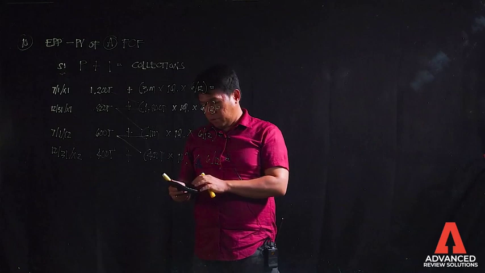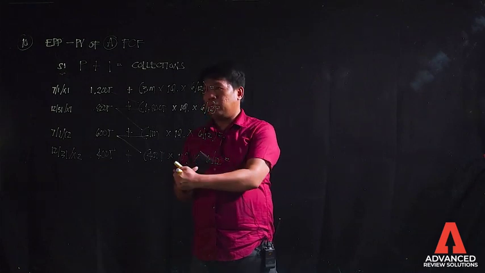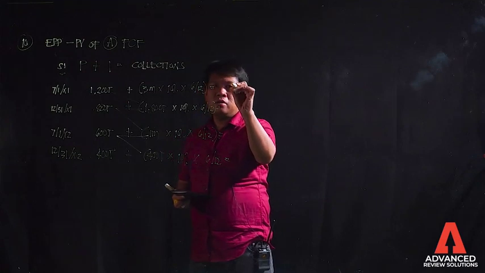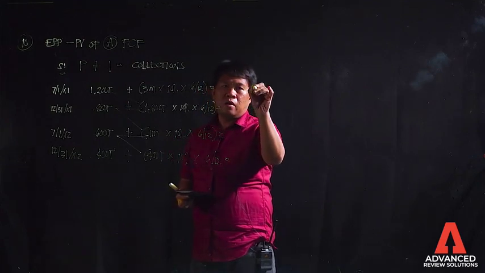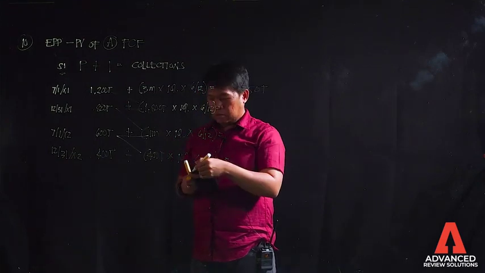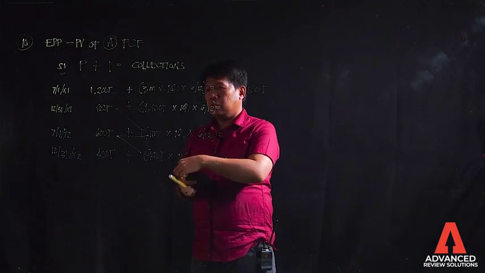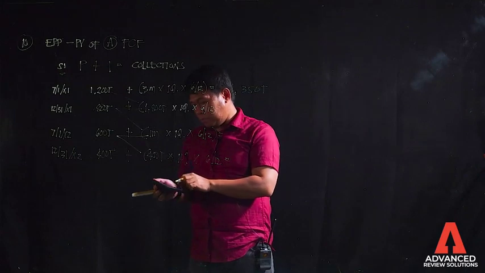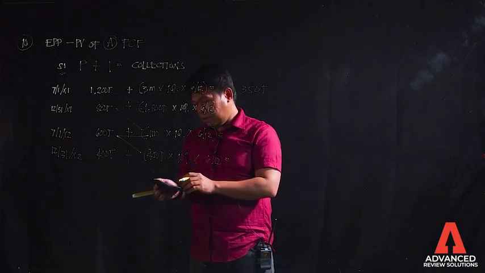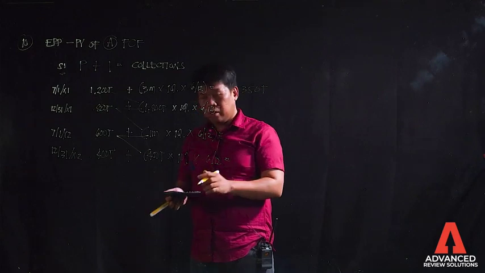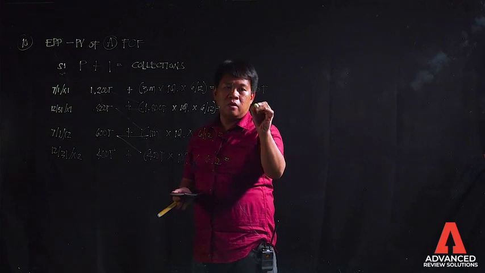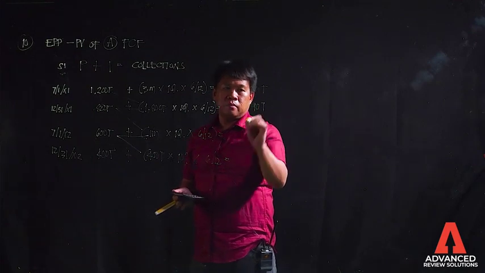So, the amount of collection here, so this is 3 million times 10% times 6/12. So, this is 150,000 plus 1.2 million. This is 1,350,000. Next, 1.8 times 10% times 6/12. This is 90,000 plus 800,000. This is 890,000.